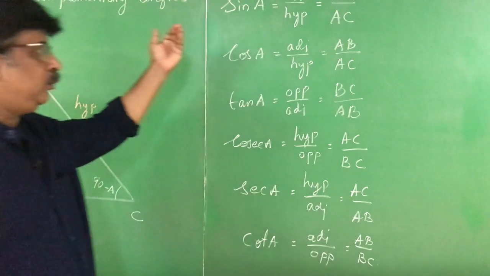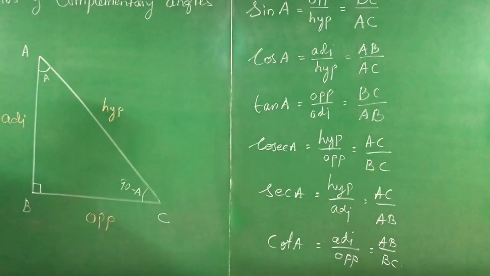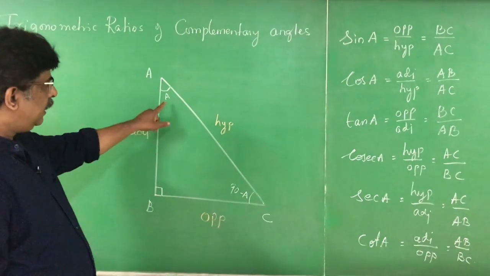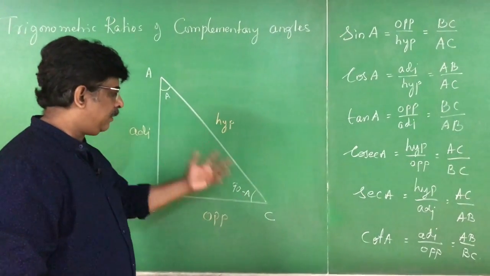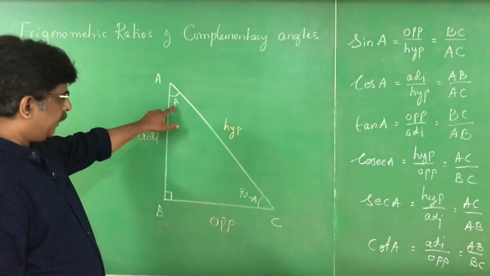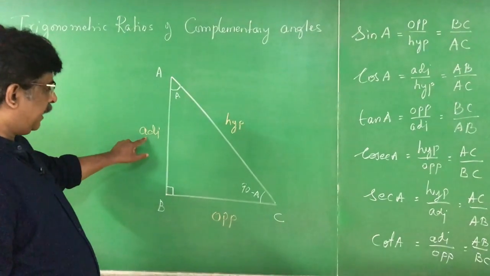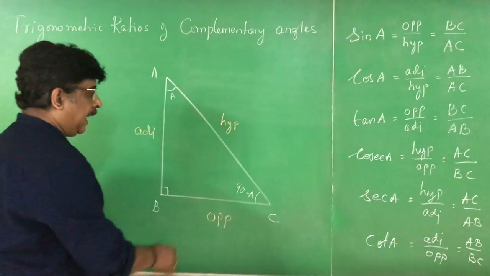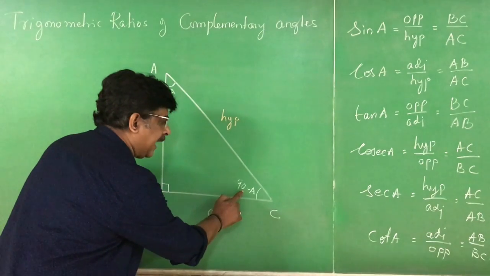Right? Now come back to the diagram. In this right angle triangle, A and 90 minus A are complementary angles, I told you. Both are acute angles. With respect to A, this is opposite, AB is adjacent and AC is the hypotenuse. Now, I consider this angle.